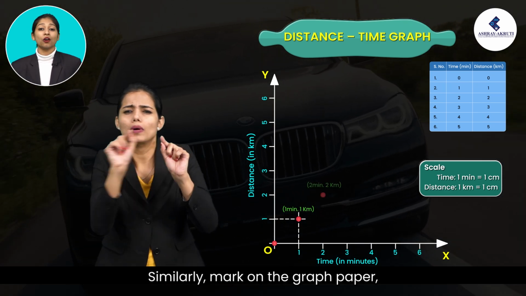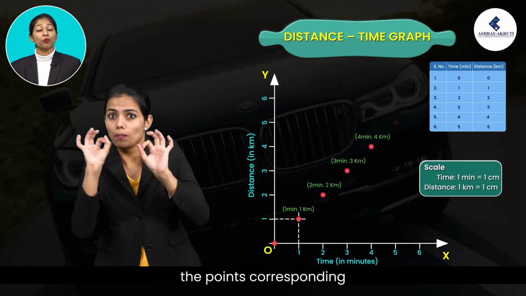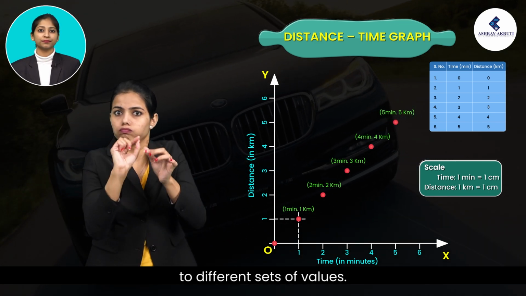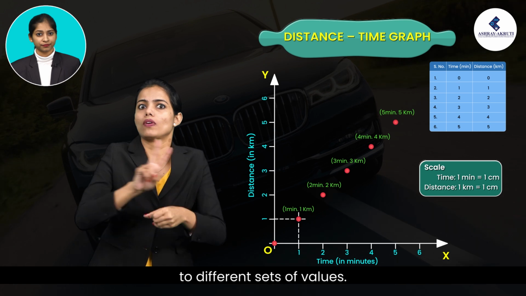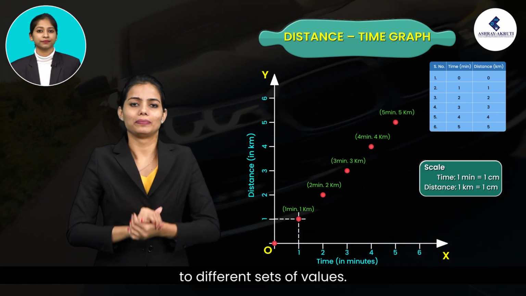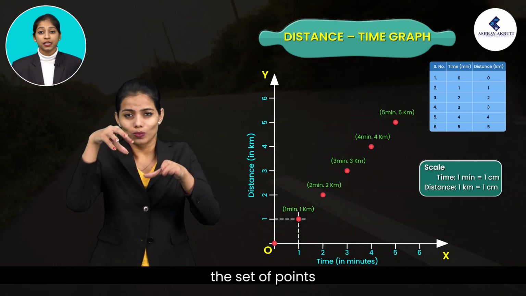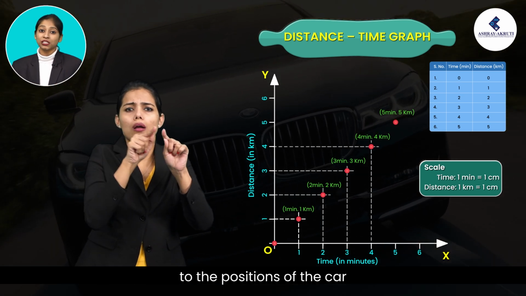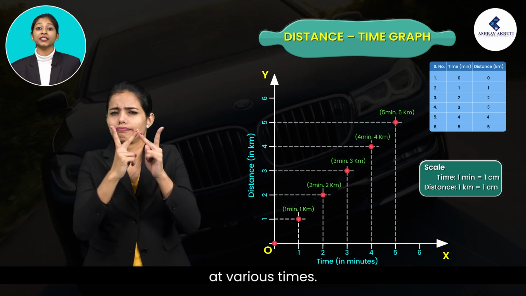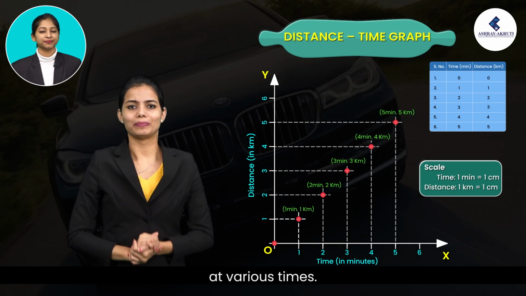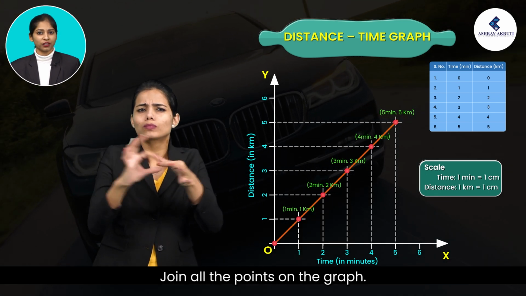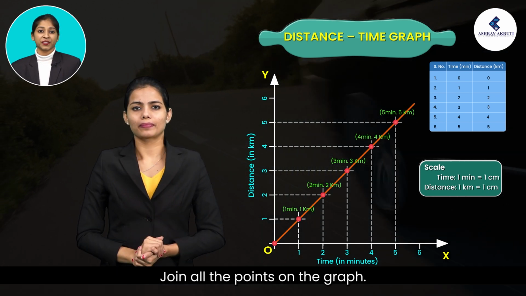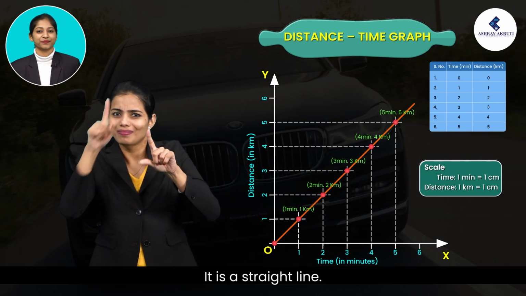Similarly, mark on the graph paper the points corresponding to different sets of values. The figure shows the set of points on the graph corresponding to the positions of the car at various times. Join all the points on the graph. It is a straight line.